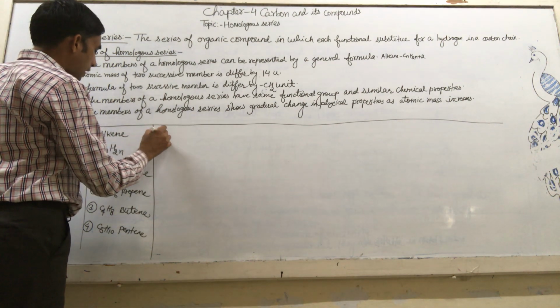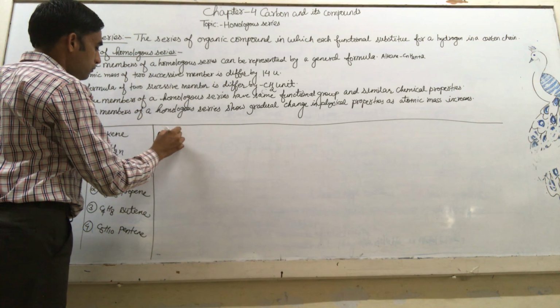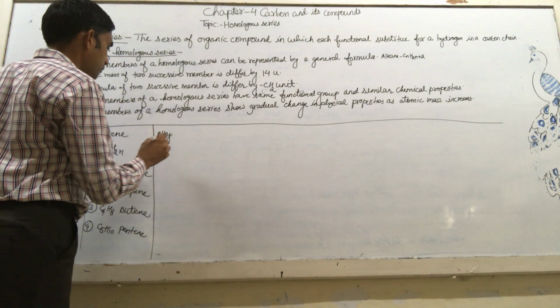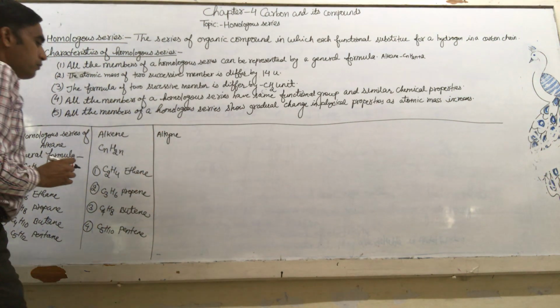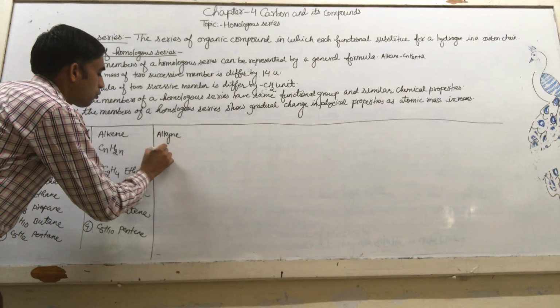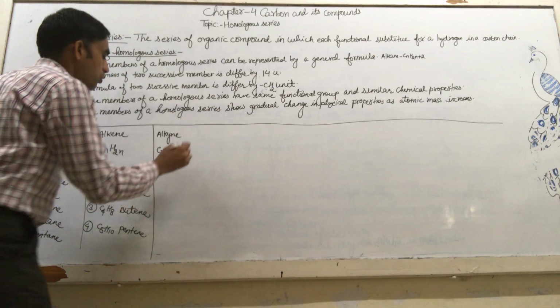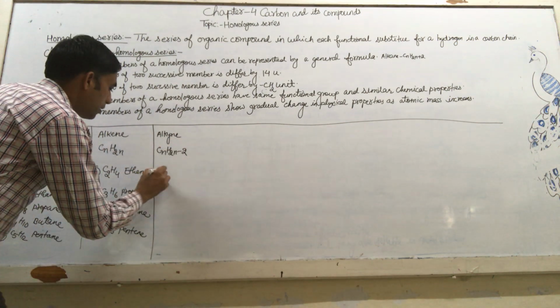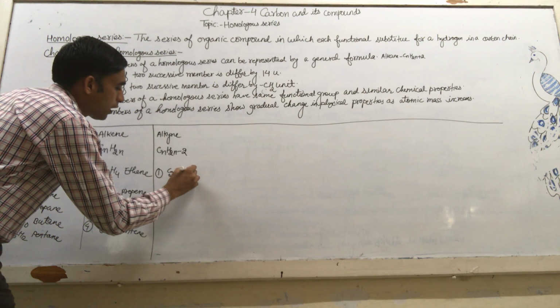The next one is alkyne. The general formula of alkyne is CnH2n-2. So here the first member is C2H2 ethyne.